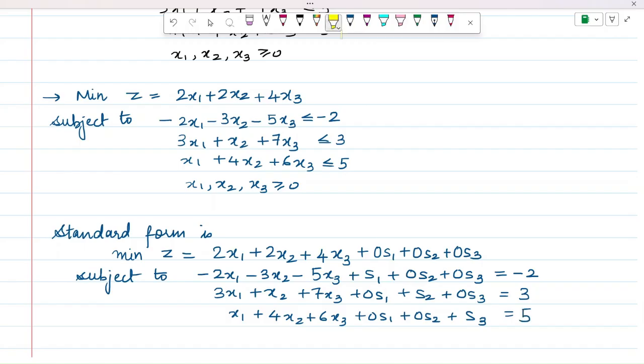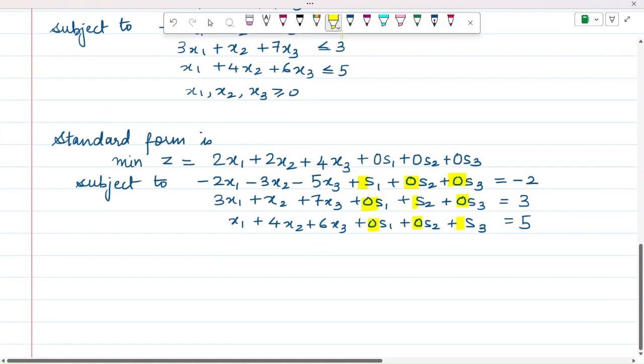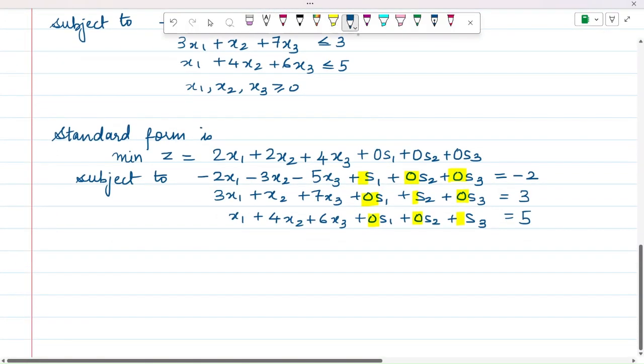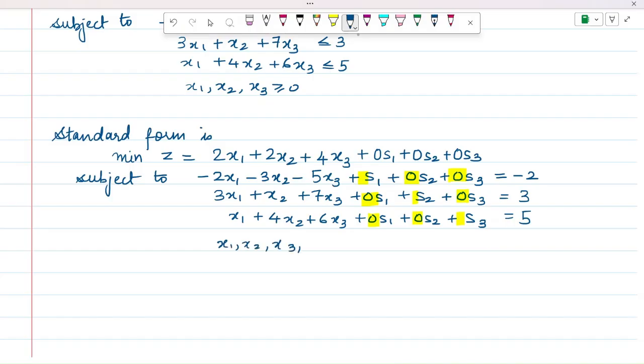So if you look at the coefficients here, it's 1, 0, 0, 0, 1, 0 and 0, 0, 1. That's an identity matrix. Okay, that should get created here. Also, we need to mention that x1, x2, x3, s1, s2, s3 all will be greater than or equal to 0. Okay, so this is your standard form.